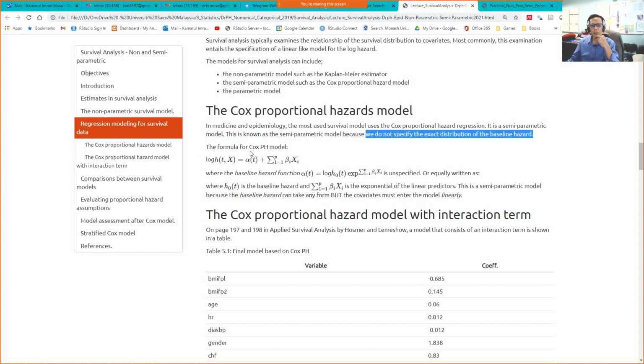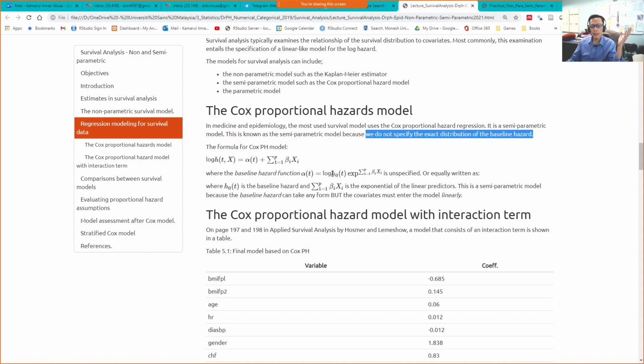So if you look at the formula for the Cox proportional hazard model, this is written as the log hazard h(t, x) equals alpha(t) plus the sum of linear combinations of beta_i and x_i. So the baseline hazard function, which is alpha(t), is unspecified. Okay.